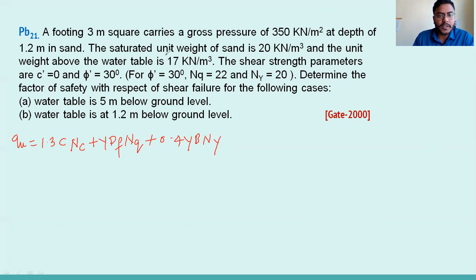You can see in the question it is mentioned that it's sand, so C is equal to 0. By putting C equal to 0, the first term is negligible. So we can write the general expression after putting the value of C equal to 0.